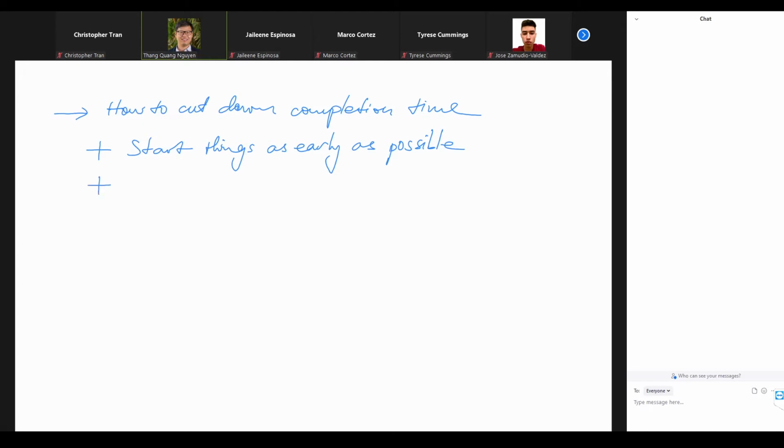The second conceptual method is we need to manage our scope, the project scope, so that we can stay within the original schedule.